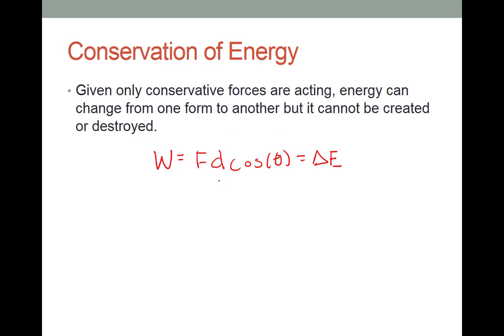If I only have conservative forces, then there's no force that I can plug in here to do work. So that means that our change in energy is going to be 0 joules. So whatever I had to begin with in total has to be what I had at the end in total.